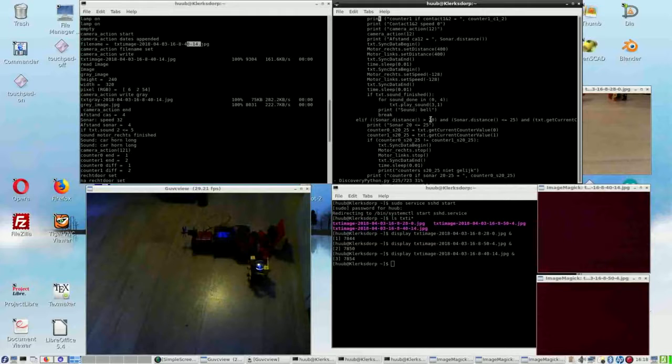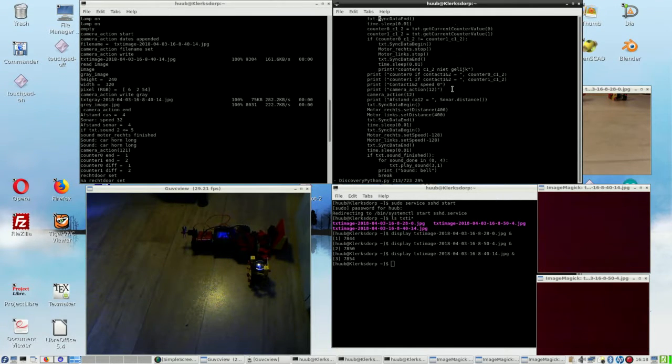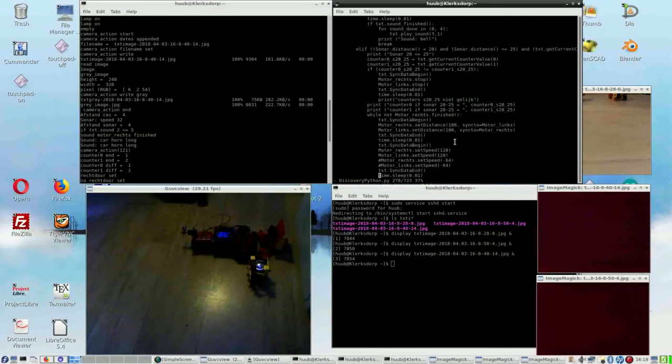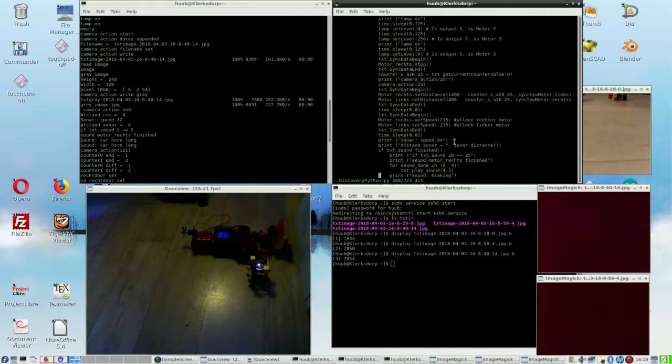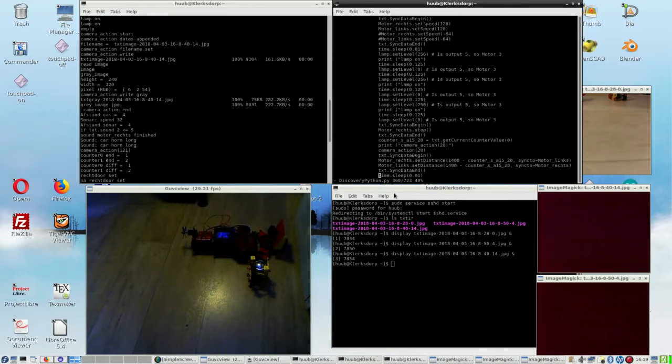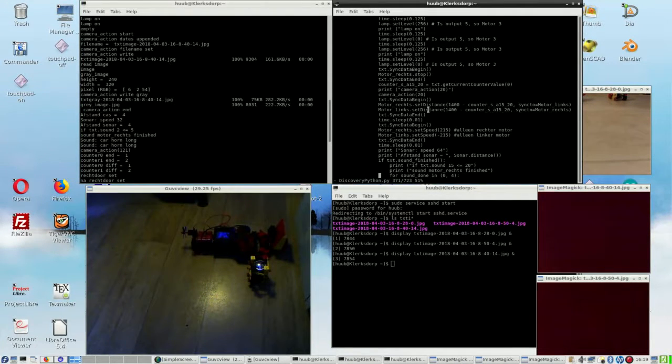I have to add longer distances because this is contact. So I have to add more distance for sonar and a stopping when it is due to camera action.